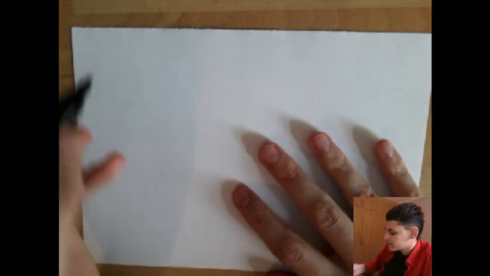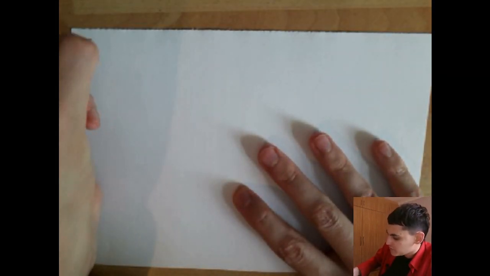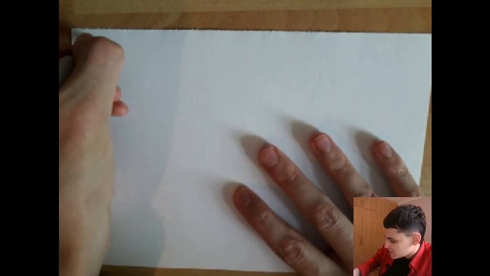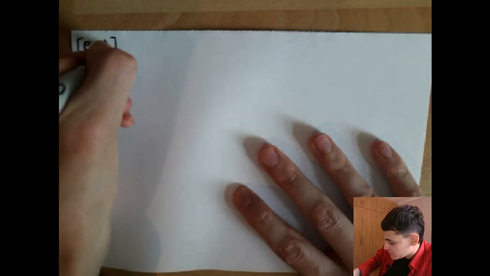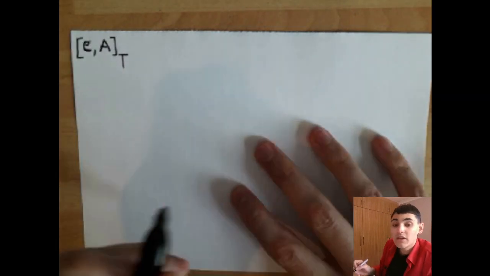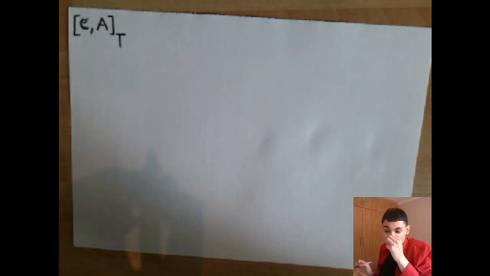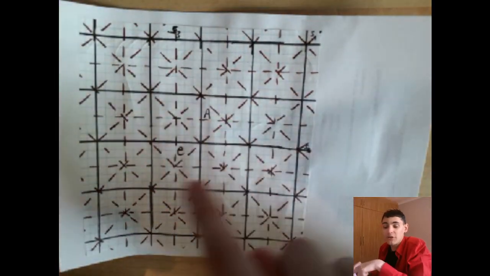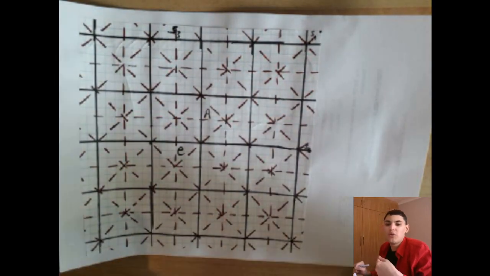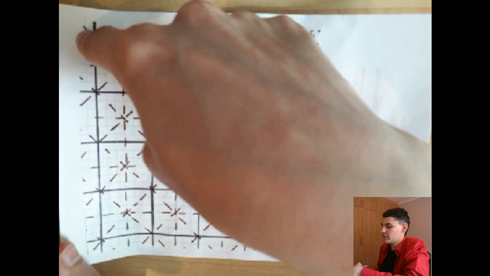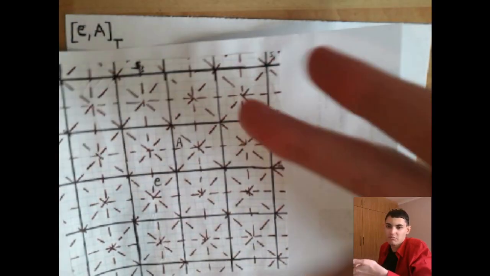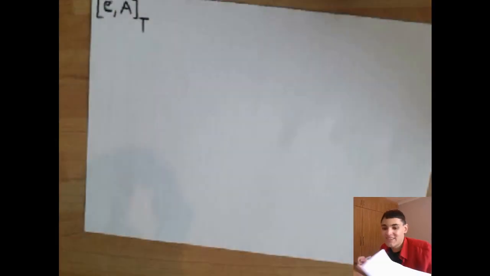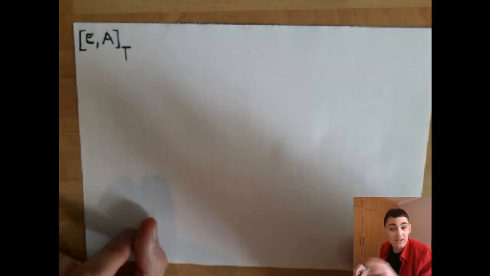So we've got the interval from E to A under T. So T is the set of all reflections, so that is every single one of these brown dashed lines. You have also got the brown dashed lines on the solid black ones, but because it's a physical thing, you can't quite see it because of colours and ink.